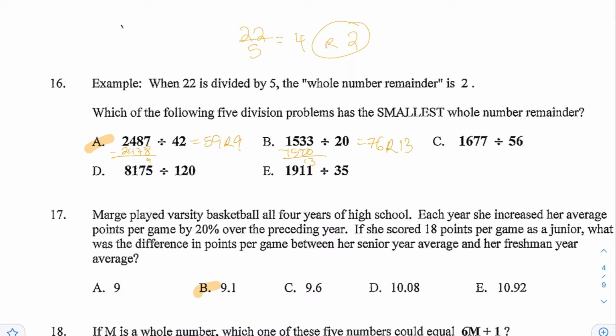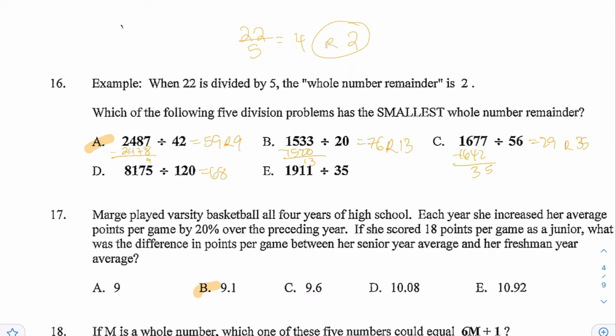So next up, 1677 divided by 56 is 29, and 29 times 56 is 1642. So that's going to have a remainder of 35. Next, for choice D, you have 8175 divided by 120. That's 68.